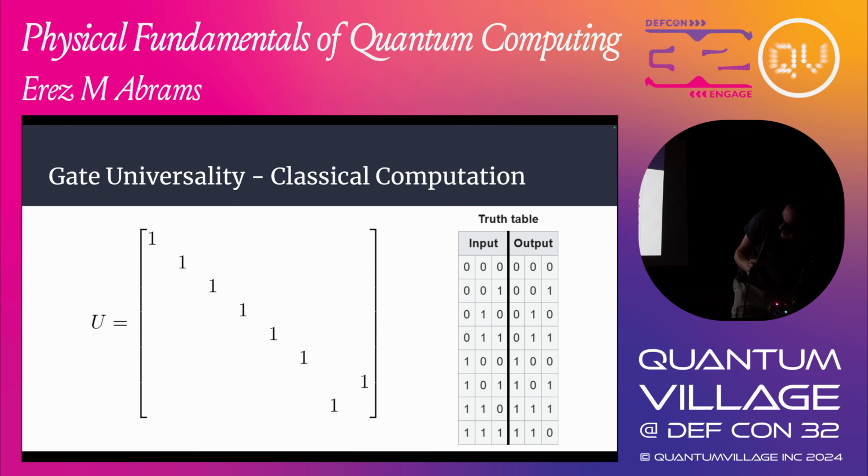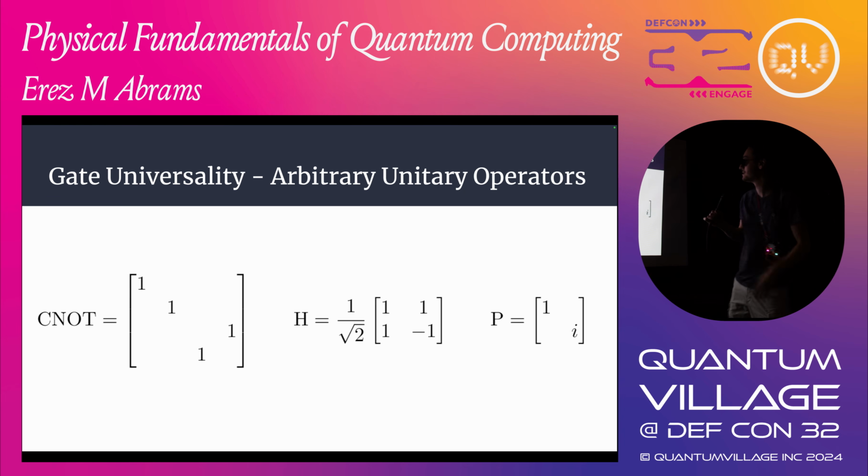But how do we make this gate? Well, turns out we can construct arbitrary unitary operators out of just a few gates. This is what makes gate quantum computing so powerful. Because it's like building computers, right? You have your silicon, you can do a few things with it, but you combine that stuff together into this big powerful processor.